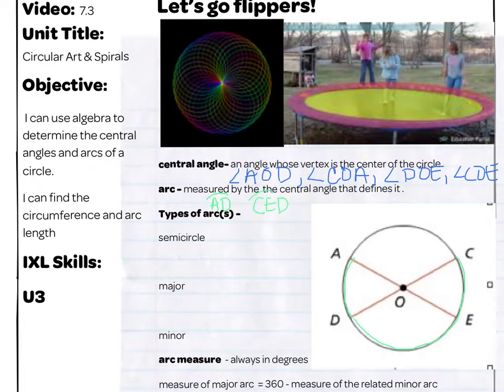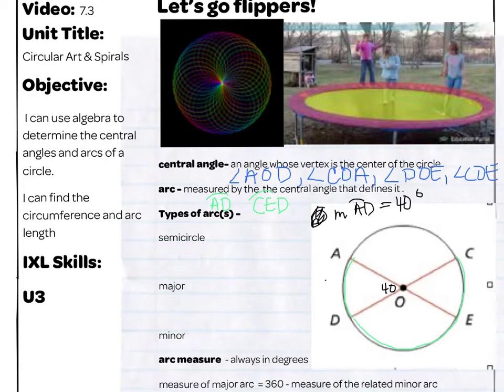Either one of these are arcs. Now, because they're named by the central angle that defines them, if I were to say that angle AOD is 40 degrees, that would make arc AD 40 degrees also. So I could say the measure of arc AD is equal to 40 degrees.